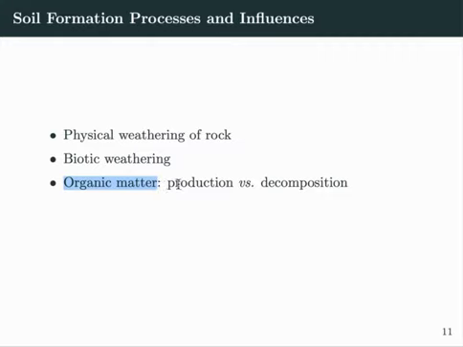So just briefly, in the tropics, we have tons of production, so you'd think we'd have a ton of organic matter, but we don't, because in addition to very rapid production, we also have extremely rapid decomposition. In the far north, and in deserts, we have very low production, and we also have very low decomposition.